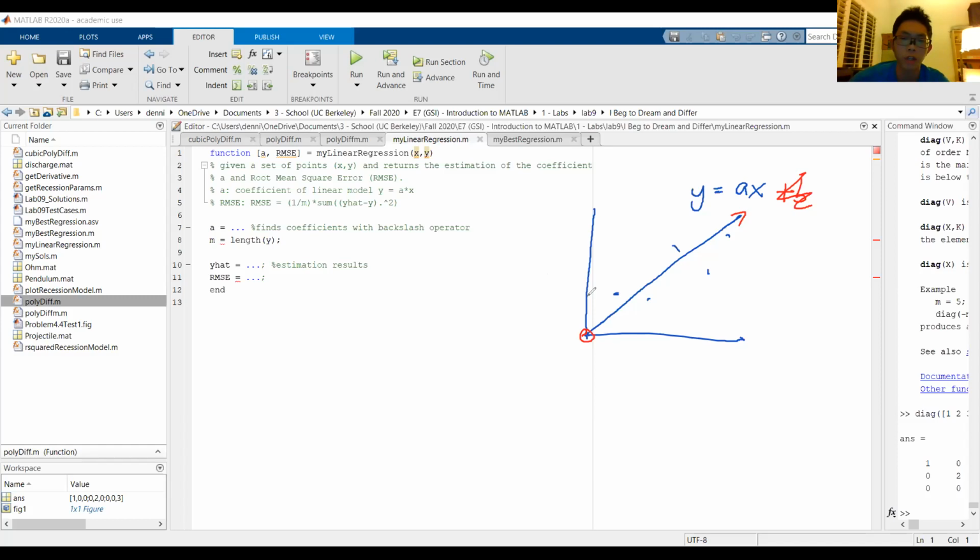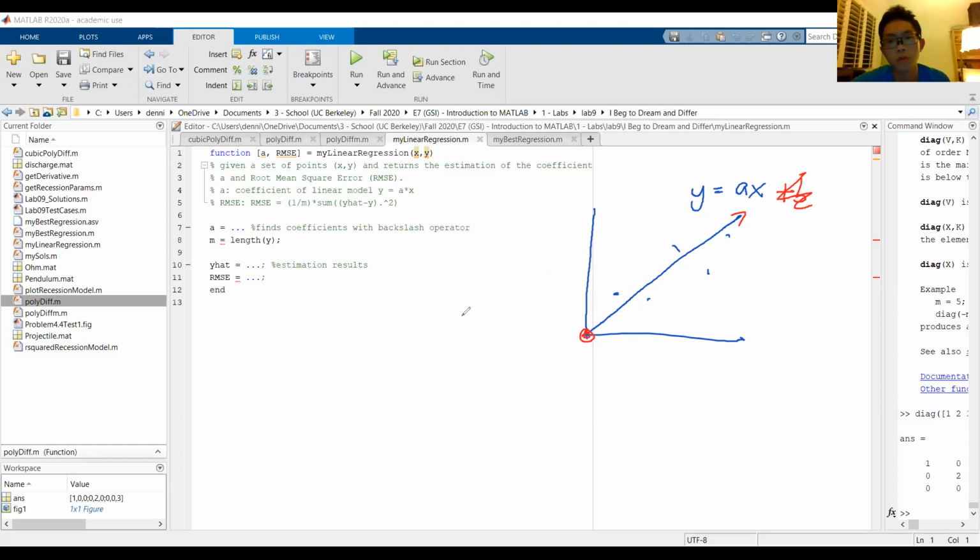We can do here and then shoot the lines through here. But since we have a specific model that says this is just going to be y equals a times x, and we're setting b equal to 0, that means we're shooting it specifically from the origin.